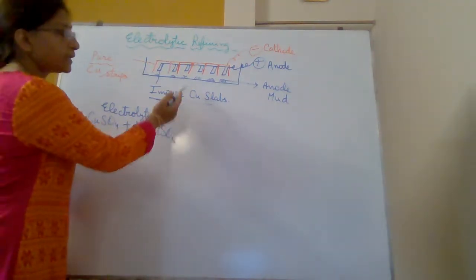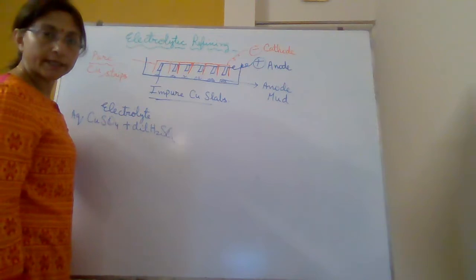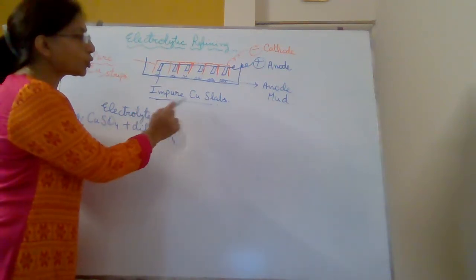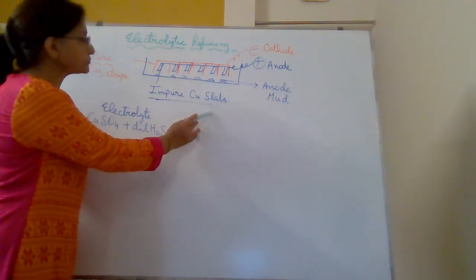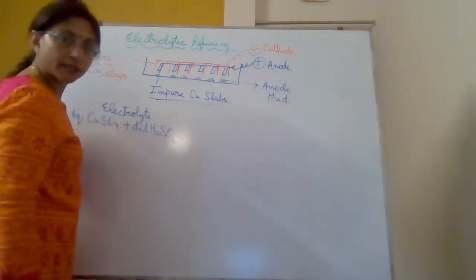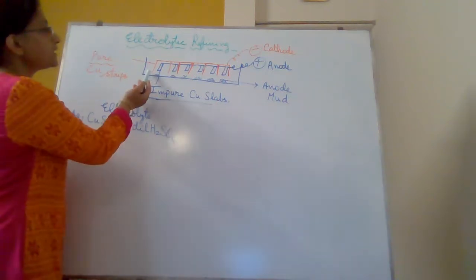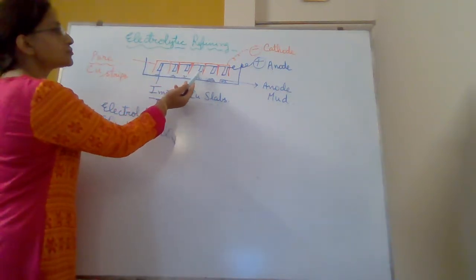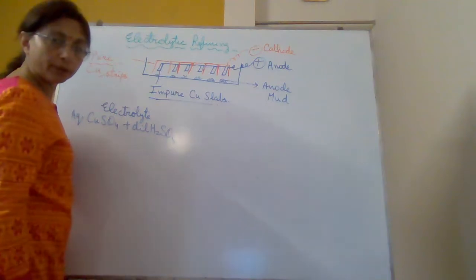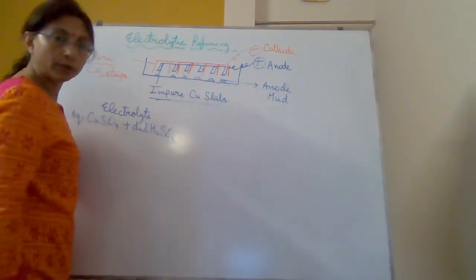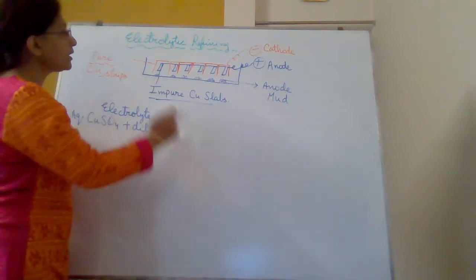Here we are taking an example of how electrolytic refining can be done for impure copper slabs. So here we have taken an electrolytic cell in which thin strips of pure copper and thicker slabs of impure copper are being used.